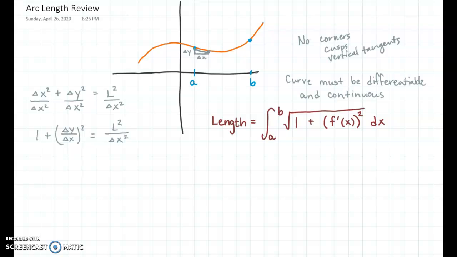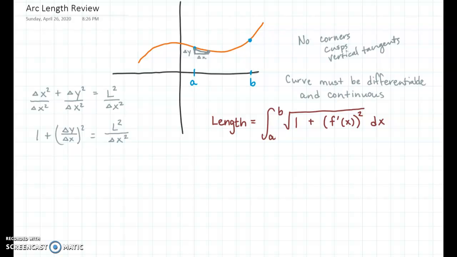The length is not really a dot to dot. Like, I can't really cut this into straight lines. But if I make my cuts infinitely small, if I make them so tiny that there are infinitely many of them, then I can do it. And I do that with the magic of limits and with the magic of integrals.